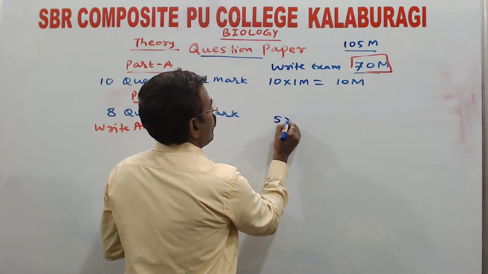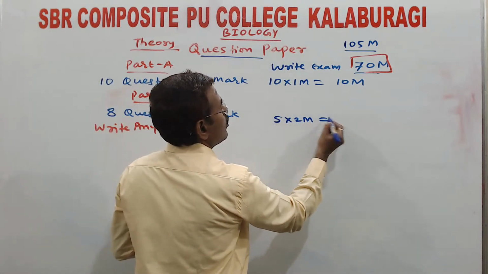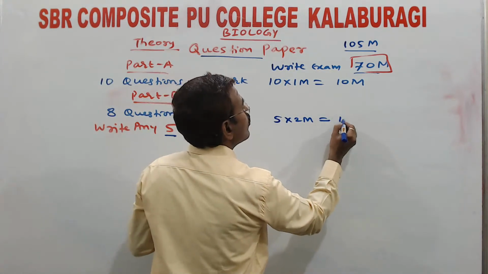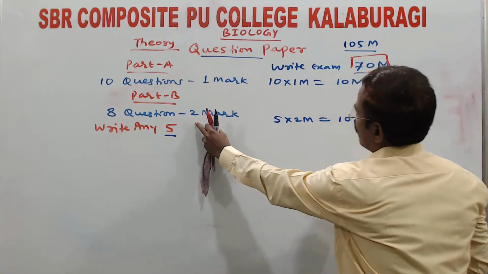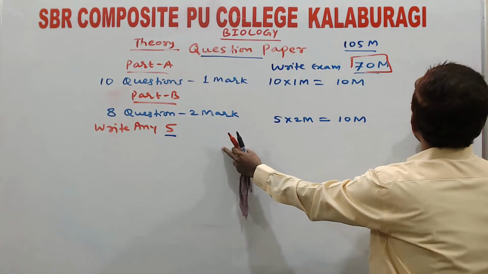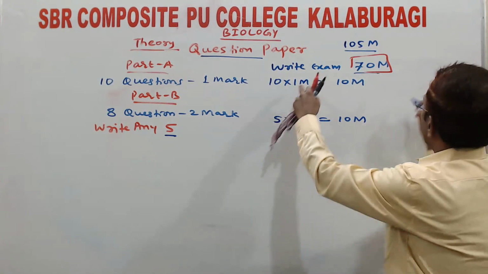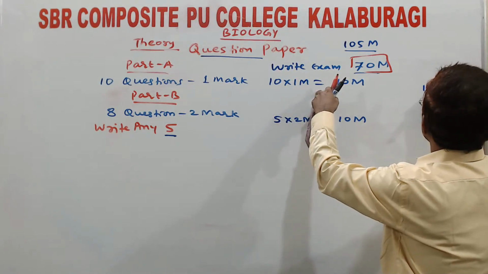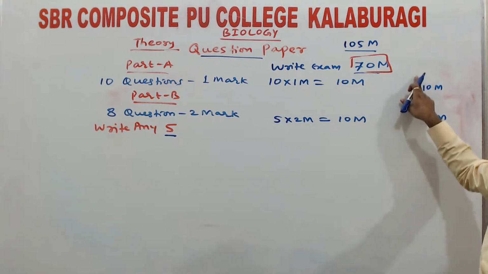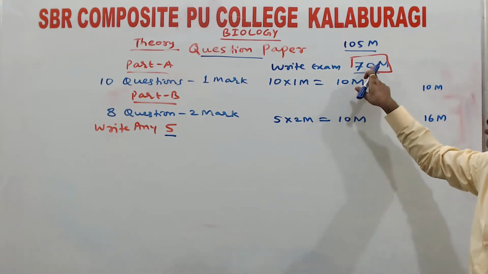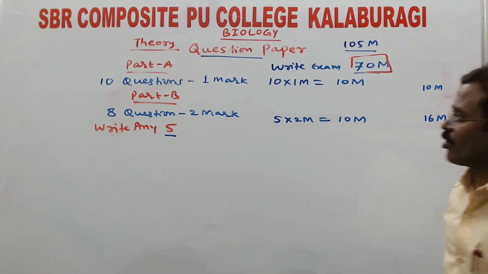So 5 into 2 marks is 10 marks. If you take all 8 here, it will be 16 marks. And here all 10 means 10 marks. How we get 105 marks, I am writing this side. For the 70 marks exam, these are the marks we have to count.